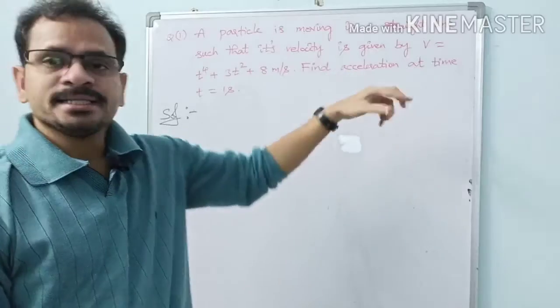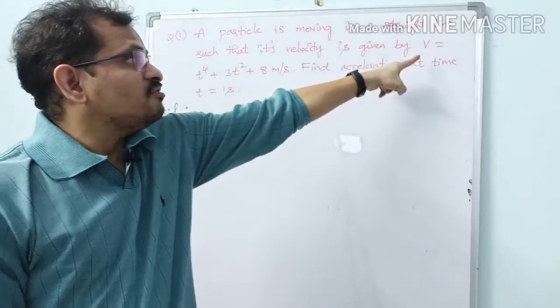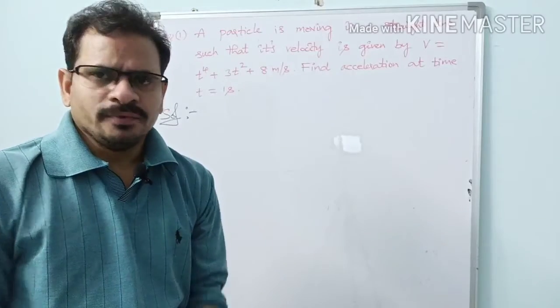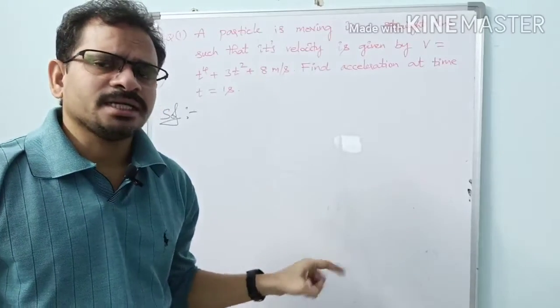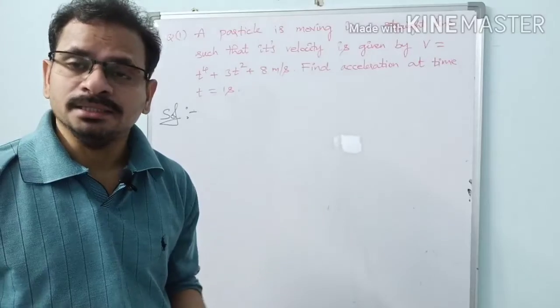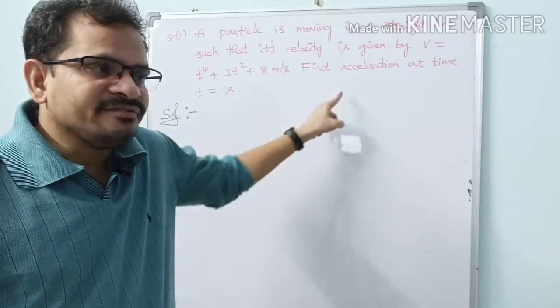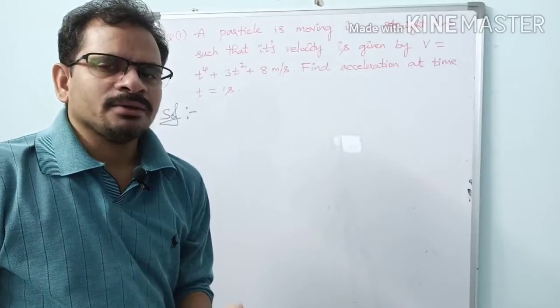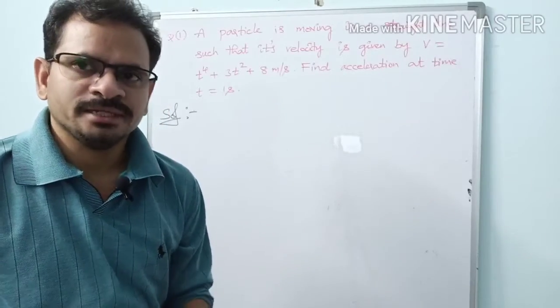See here, as I told you before, velocity is given as a function of time. We don't know if it is uniform acceleration or non-uniform acceleration. Let it be. Since here it is given as a function of time t itself, it is clear that we have to go for calculus. There is no other way, right?